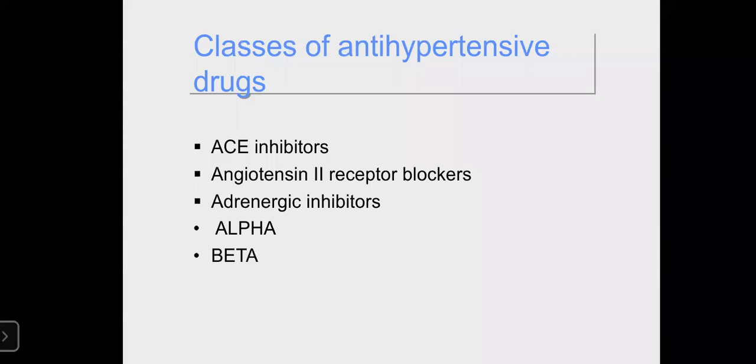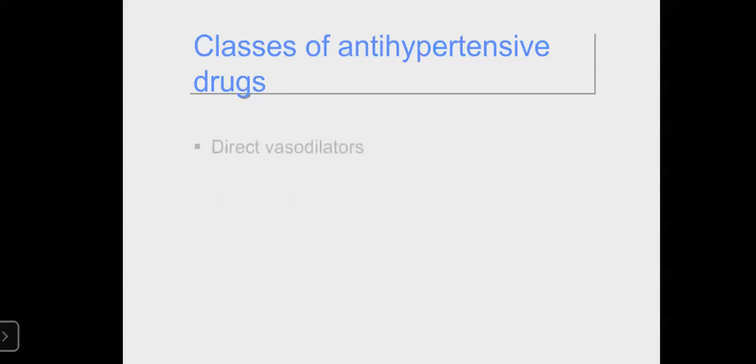Beta blockers are not vasodilators but reduce the cardiac output, and there are centrally active drugs. Then there are direct vasodilators like minoxidil and calcium channel blockers, potassium channel openers, and nitric oxide medications.